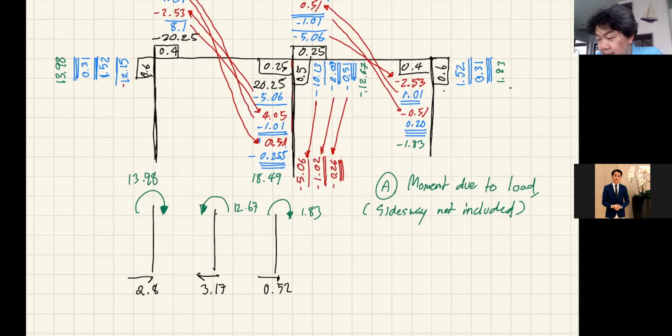So when I put this back into our frame, actually the legs are not equal, right? So let's make it different here. So you should notice that your sigma Fx is not 0, and it should never be, because this result does not include the side sway effect.